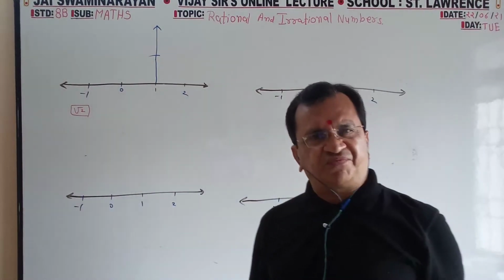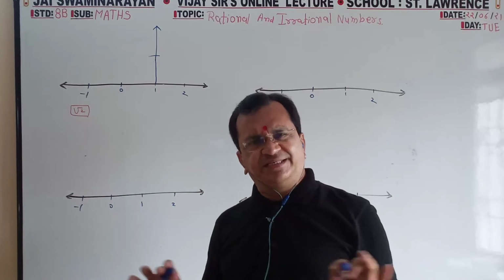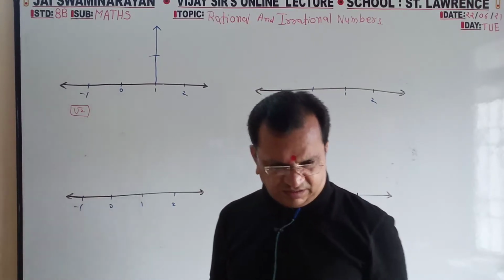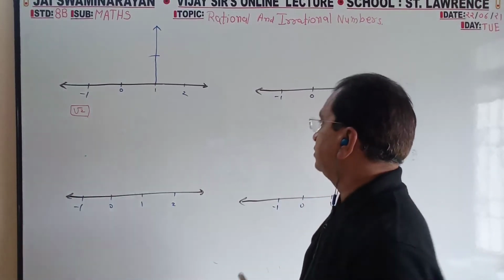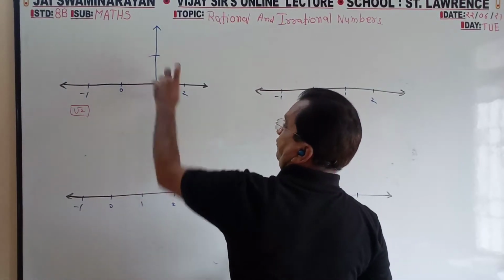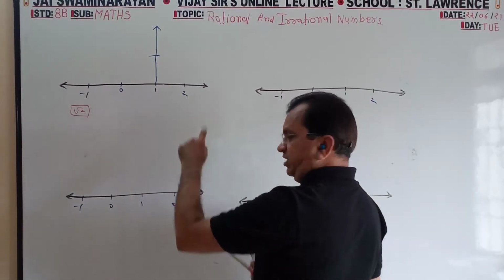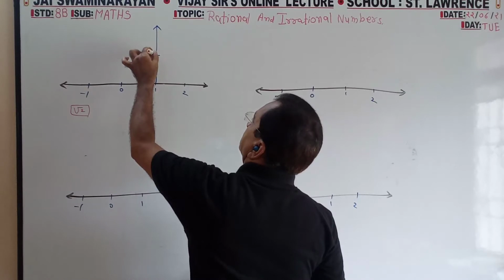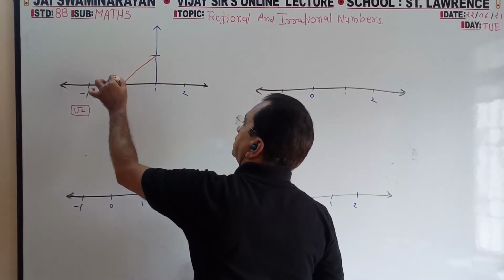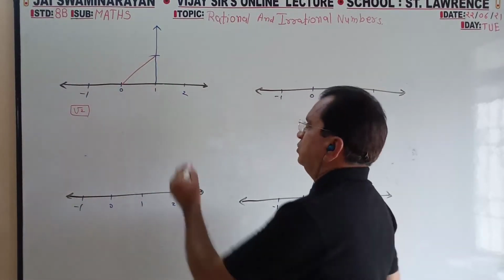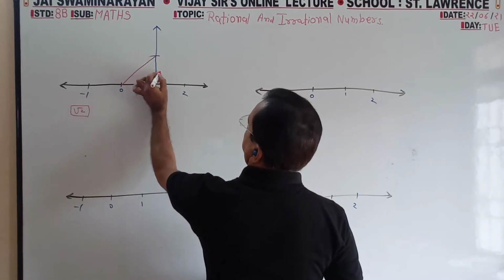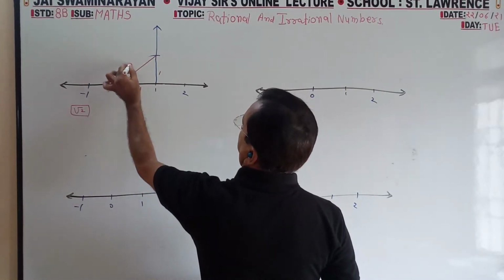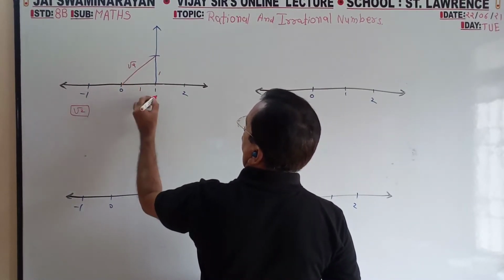You can take 4 centimeters, but 3 centimeters is okay. 3 centimeters from 1, not from 0, from 1. Join this. So this is 1 unit, this is 1 unit, so automatically it is root 2 unit.